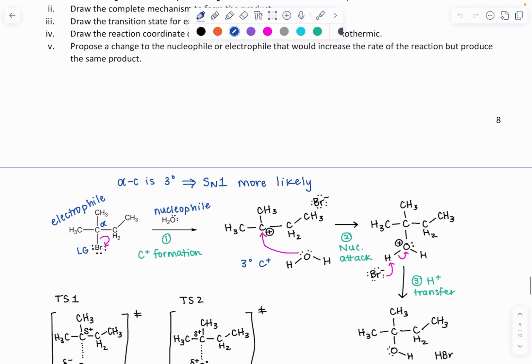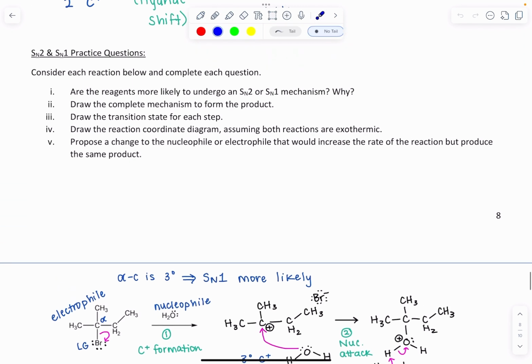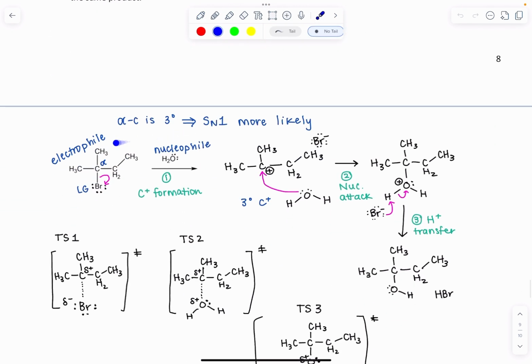So just to remember, we were given all of this information right in here, the starting material and the solvent, which is the nucleophile. We drew the mechanism. Well, first we determined that it would be an SN1 mechanism because the alpha carbon, the carbon bonded to the leaving group, is tertiary.